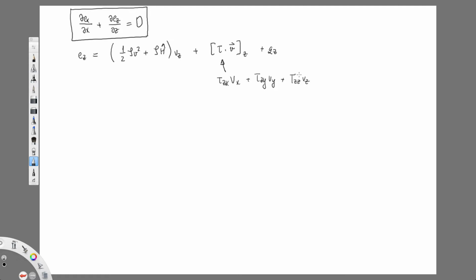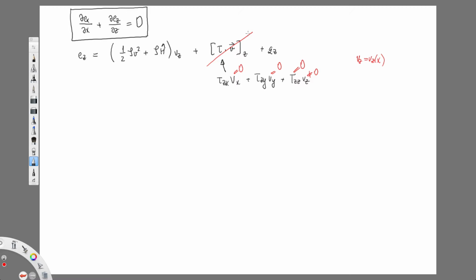And I don't have Z dependence of VZ. So this entire term here will be 0. Essentially, this part is 0, this part is 0. This part is non-zero, but this part is 0, because I don't have Z dependence of VZ. VZ is VZ of X. So that's great. This disappears.